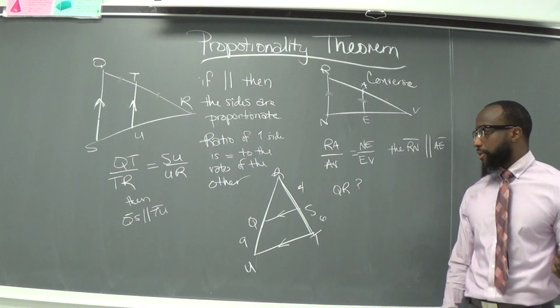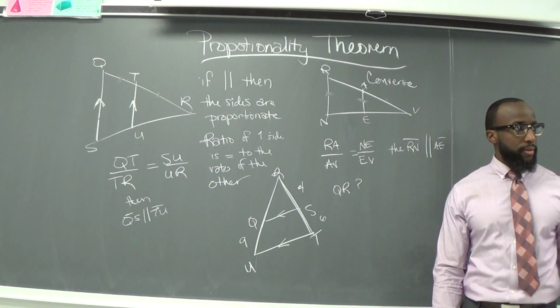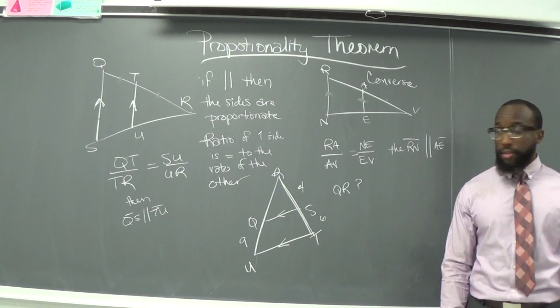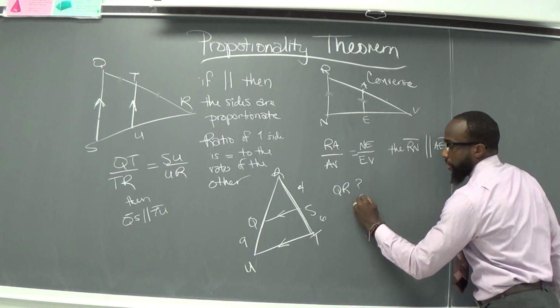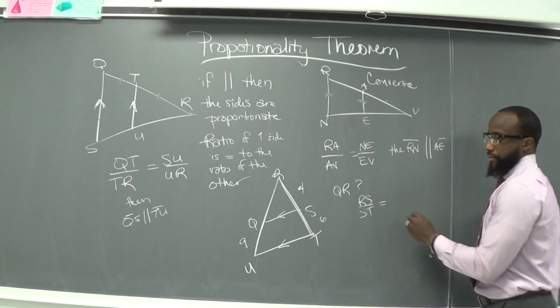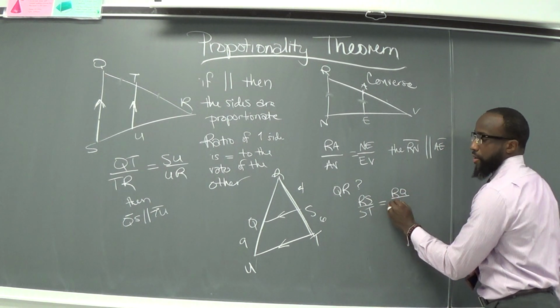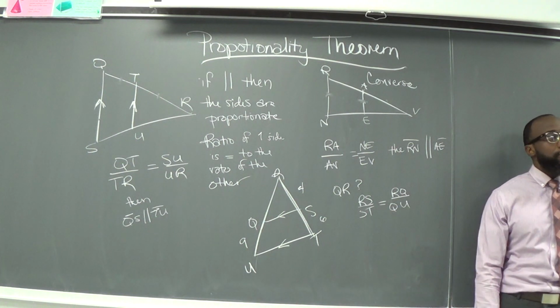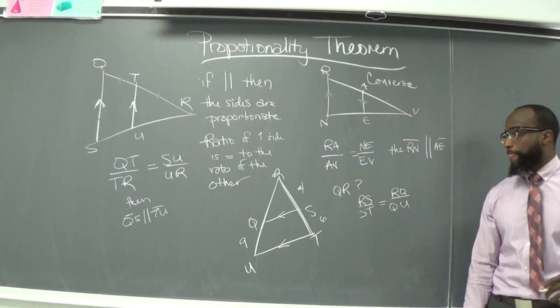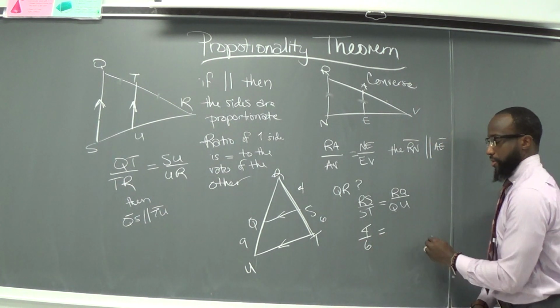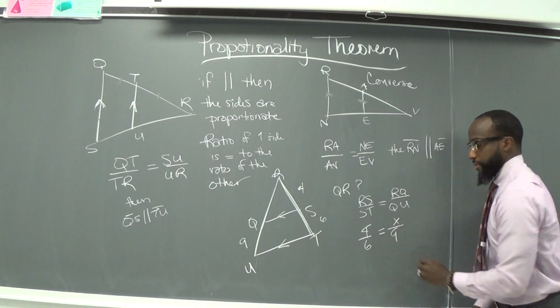RS over ST equals what over QU? So we've got number values. 4 over 6 equals x over 9.